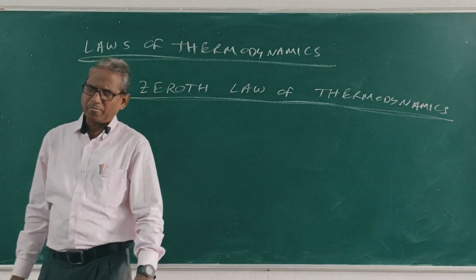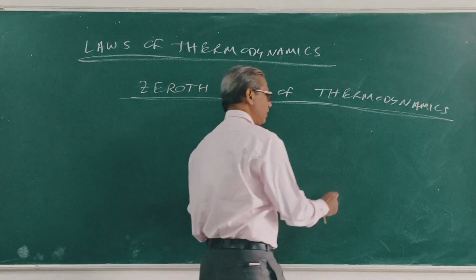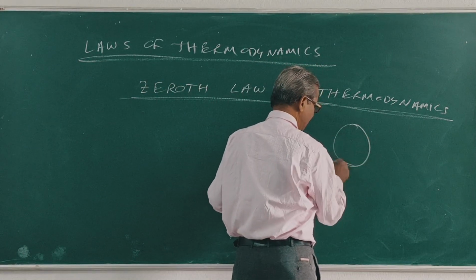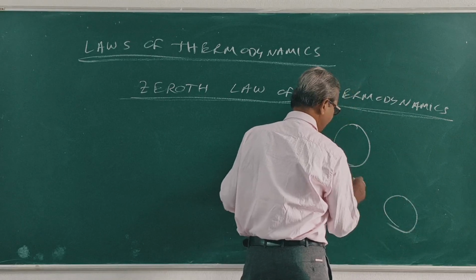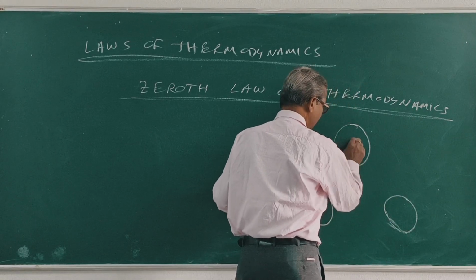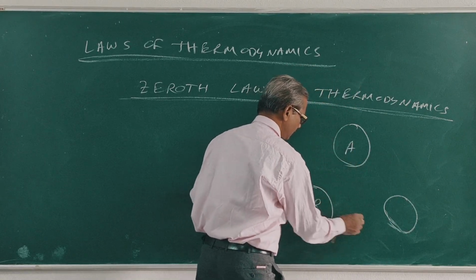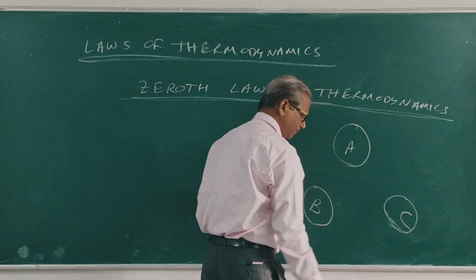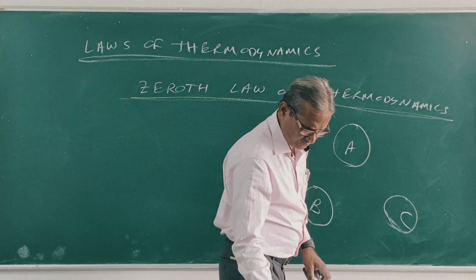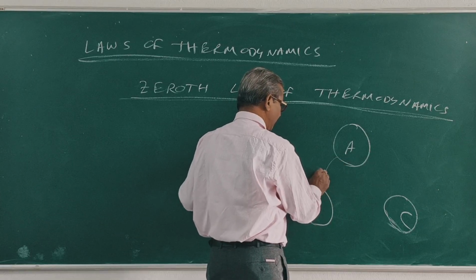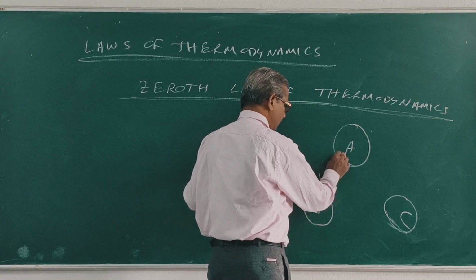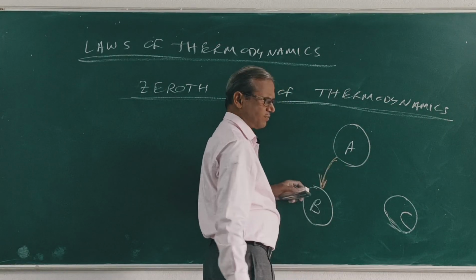Zeroth law. Suppose there are three bodies A, B, C. Right? Suppose body A is at equal temperature with B. Thermal equilibrium means equal temperature.